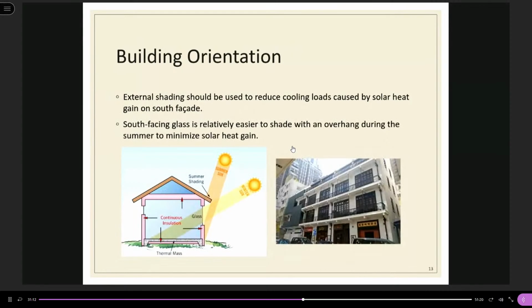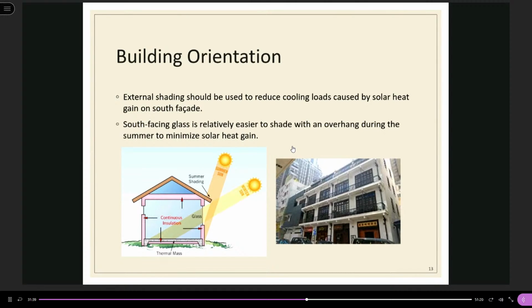External shading should be used to reduce solar heat gain and the cooling loads it causes on the south facade. South-facing glass is relatively easier to shade with an overhang during the summer. Not only south, for north-facing glass we may also use an overhang to shade the sunlight.